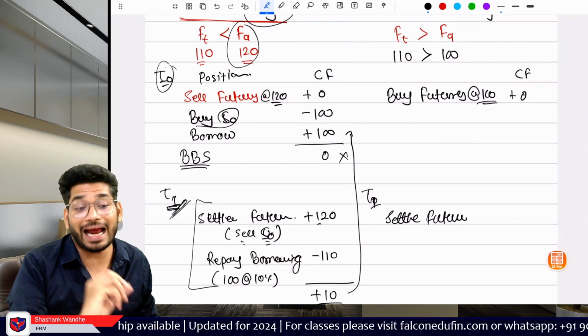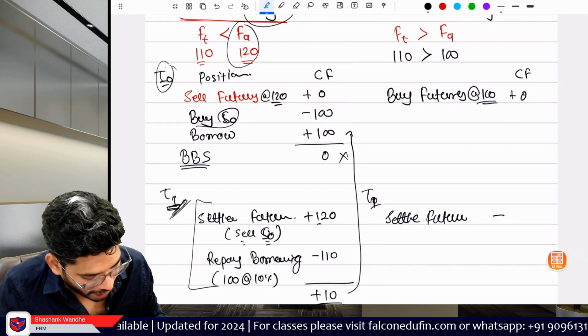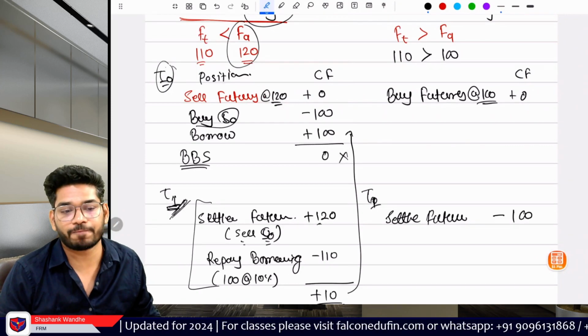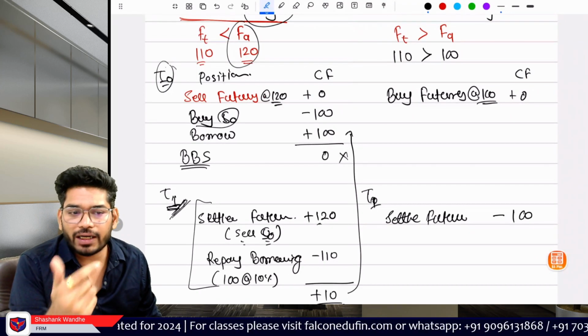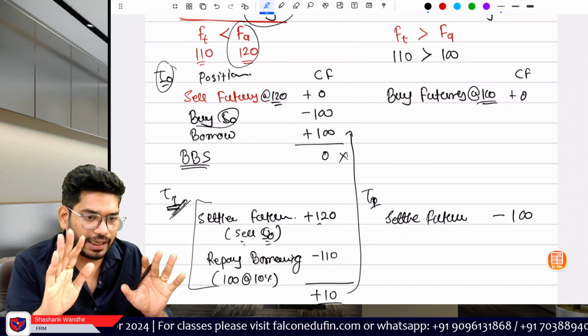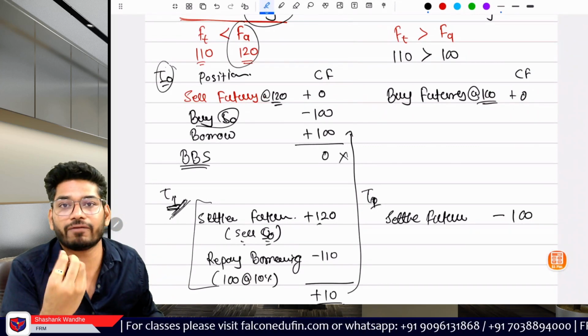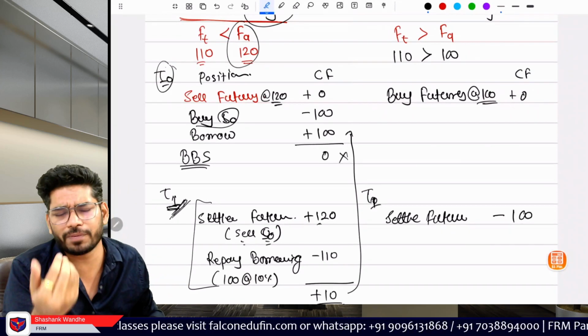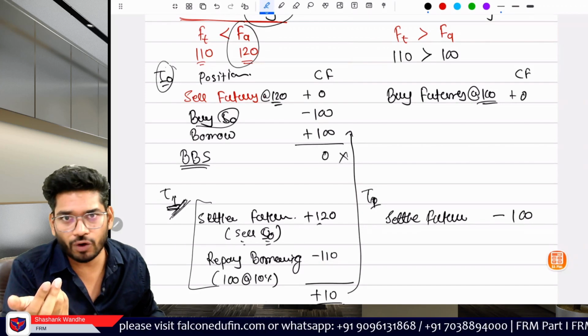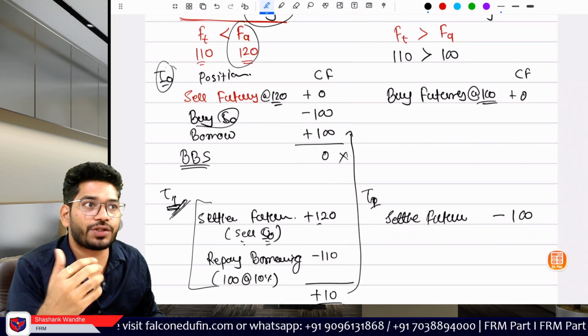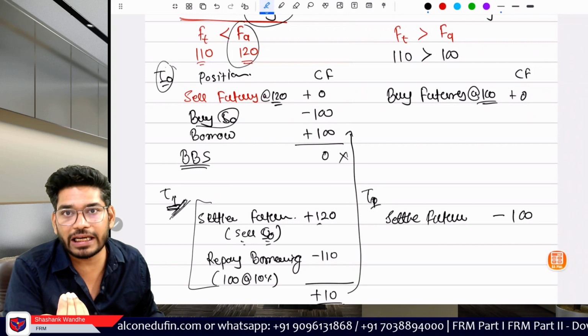You will have a cash outflow of 100. But remember, if you enter into futures, our clear guideline is that you should have net zero cash inflow or outflow, and with this, you should not have the asset remaining with you.